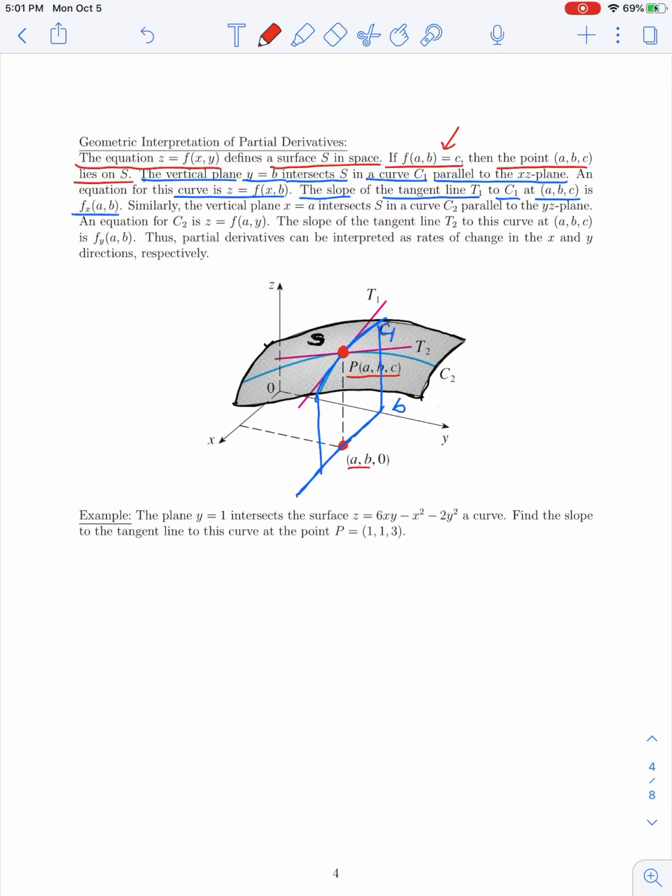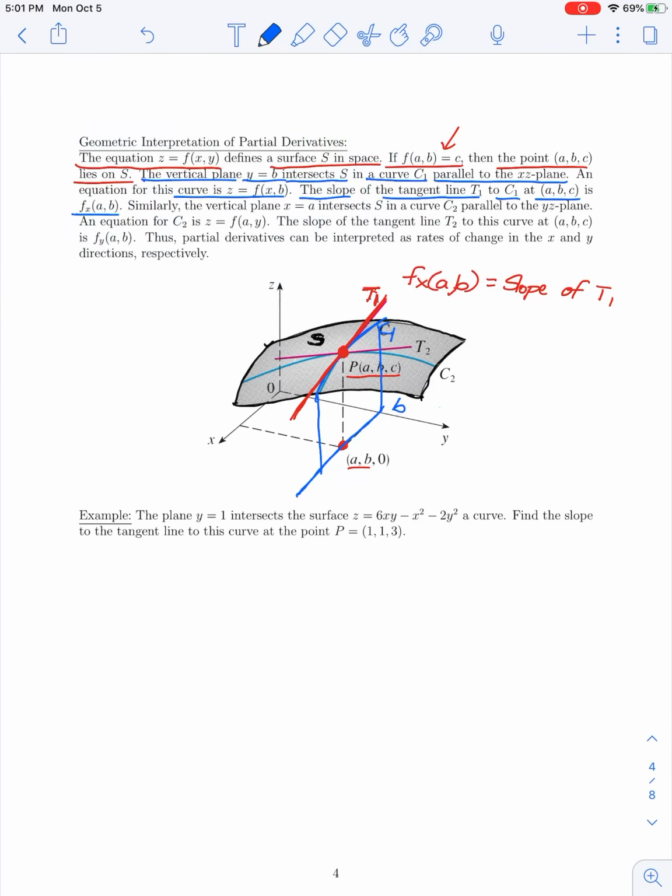So the partial derivative of f with respect to x at this point, a, b, defines the slope of the line tangent to that curve, C1, at the point P. So this is the slope of this tangent line T1.